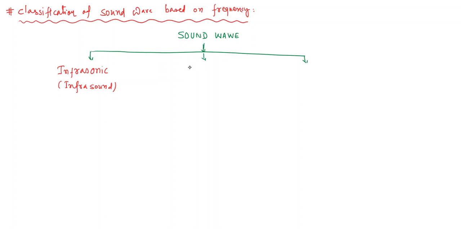The second one is known as audible sound, and the third one, which is our topic of interest, is ultrasonic or ultrasound. Now let us understand each in detail.